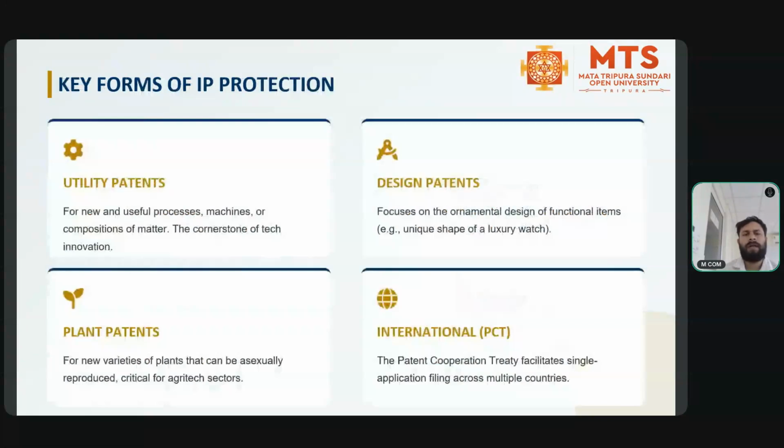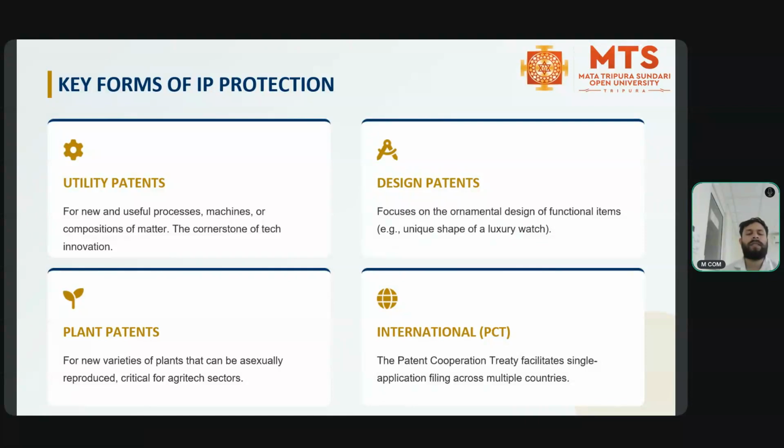Key forms of intellectual property protection: utility patents, design patents, plant patents, international patents. Utility patents are for new and useful processes, machines, or compositions of matter, the cornerstone of tech innovations. Design patents focus on the ornamental design of functional items like a luxury watch or some jewelry.